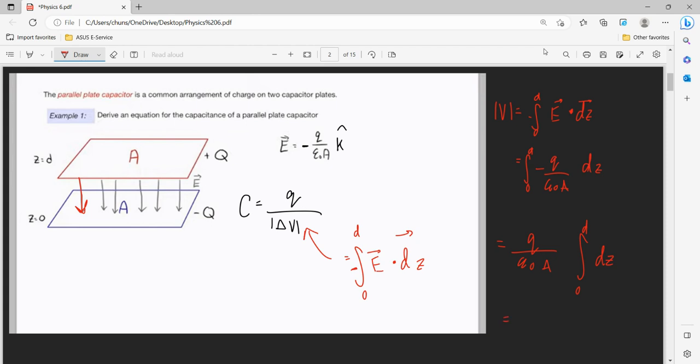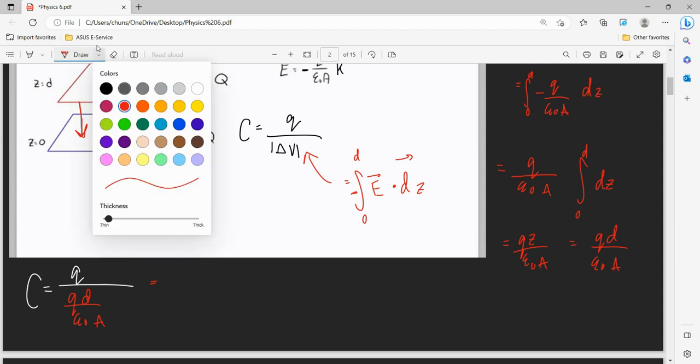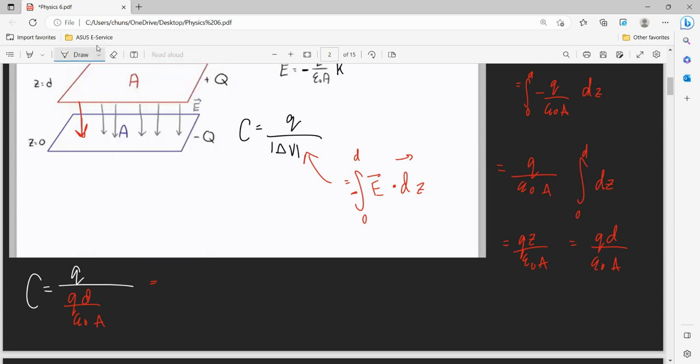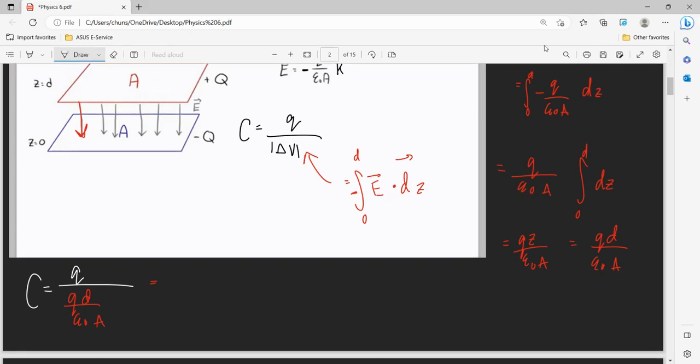So we just have z, and z, when we plug in for distance, is q d over epsilon naught A. And when we put this into our capacitance equation, this is q over q d over epsilon A. So these two cancel.